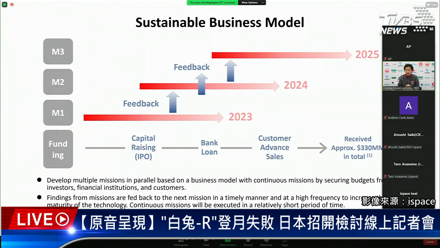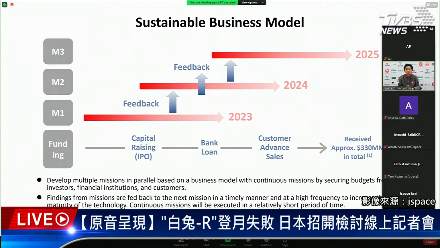Let me again emphasize the sustainable business model. In this space business, it's important to keep the sustainability of the business. In order to achieve that, we have already started the development of three missions simultaneously. Now we have almost finished Mission 1, with the final analysis of the result, and we are going to feed back lessons learned to Mission 2 and Mission 3 immediately.